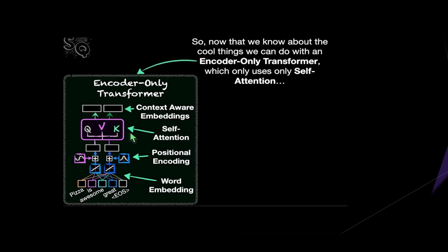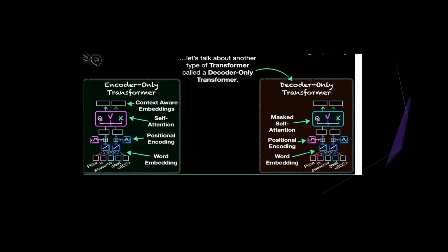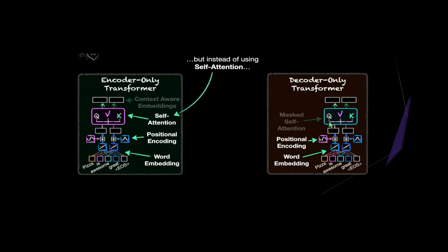After that, self-attention is used to determine how words relate to one another. The output of this step gives us contextual understanding, meaning the model knows in what context each word is used. This is the basic working of an encoder-only transformer, which relies entirely on self-attention.